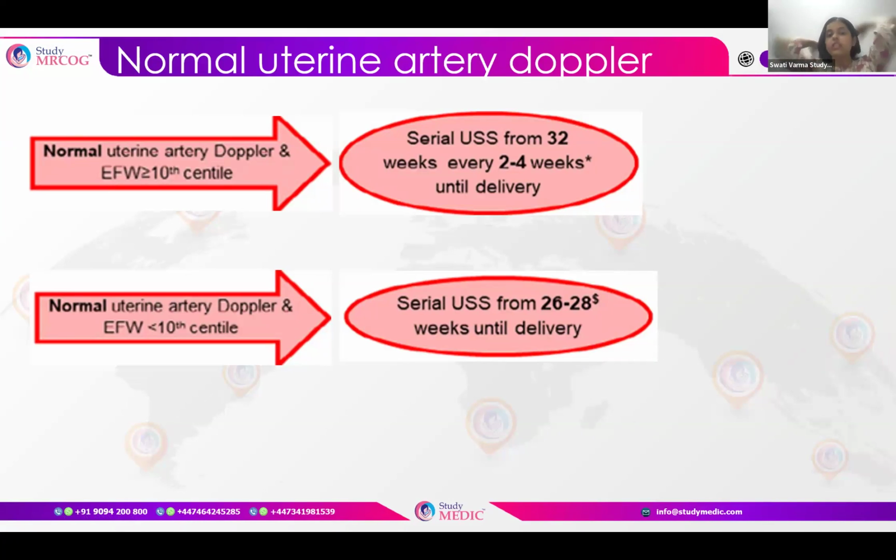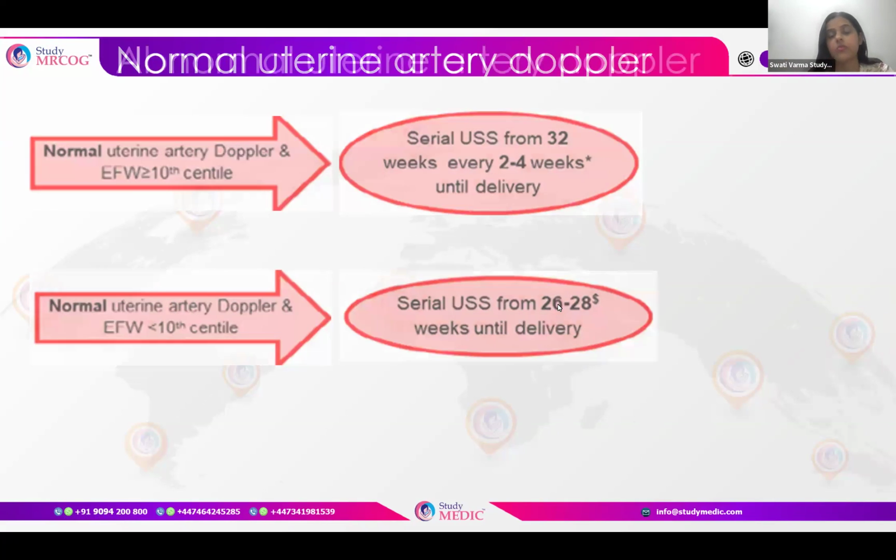But remember, from when do you have to start? From 26 to 28 weeks you have to start. If all is good, you start from 32 weeks, every 2 to 4 weeks. But if fetal weight is less, you have to start from 26 to 28 weeks itself. So these two things were there when uterine artery Doppler is normal.